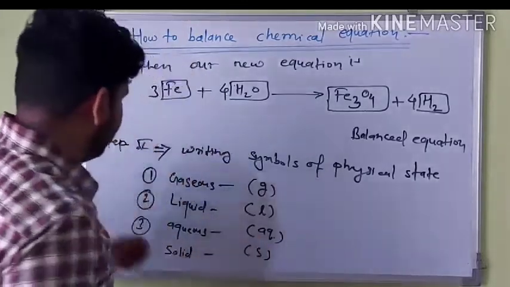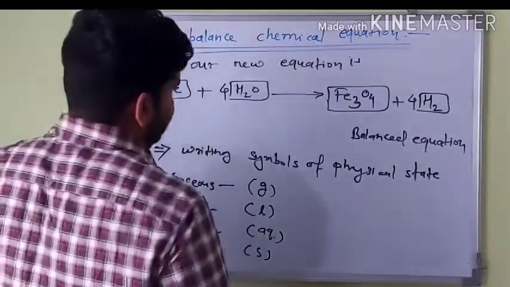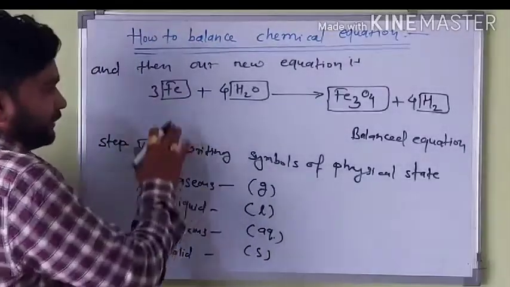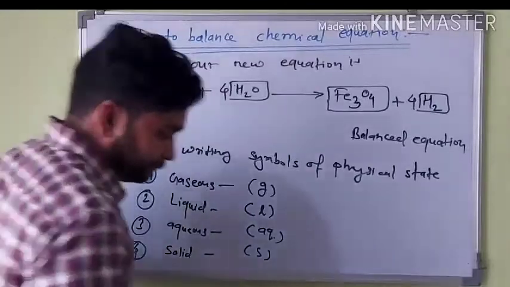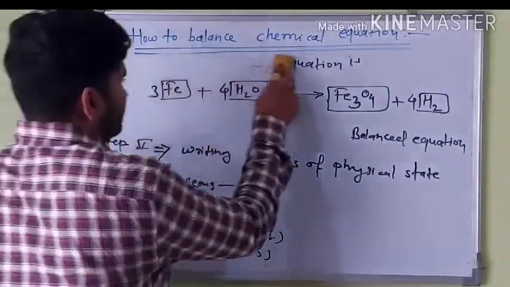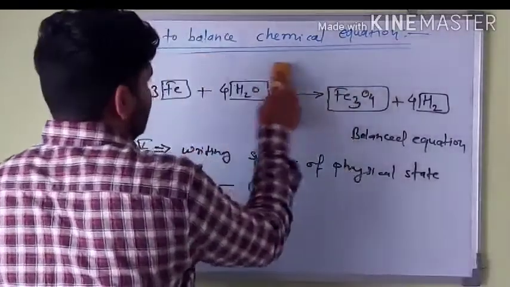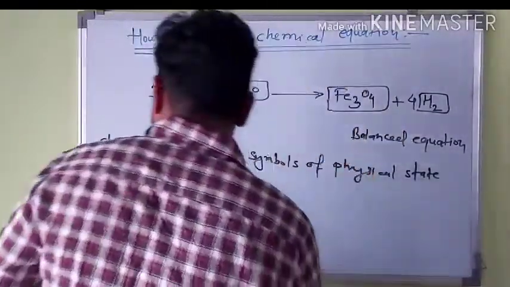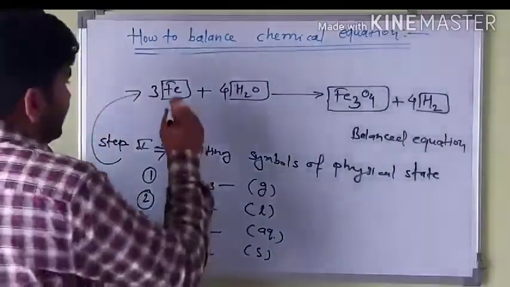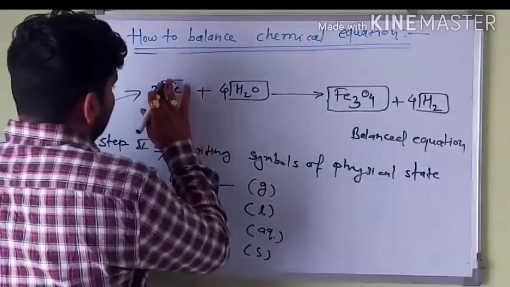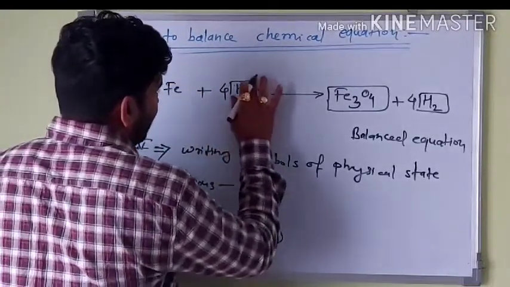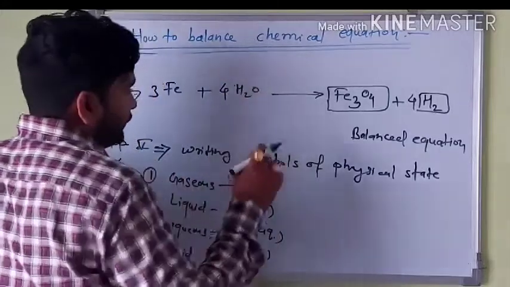Okay, so in the balanced equation, we can write it here. I can erase here and write again. Remove these things from here, there is no requirement now because the equation is balanced now.